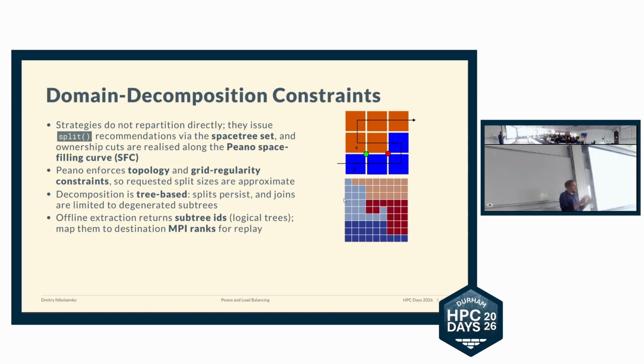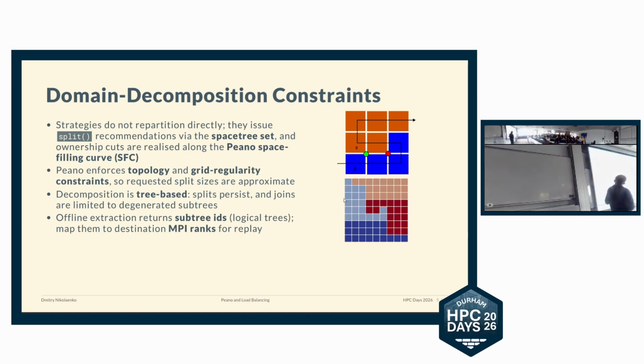And so Peano then itself takes the final decision on how to split. Then Peano enforces certain constraints with regard to topology and regularity constraints. And then the decomposition is triggered.